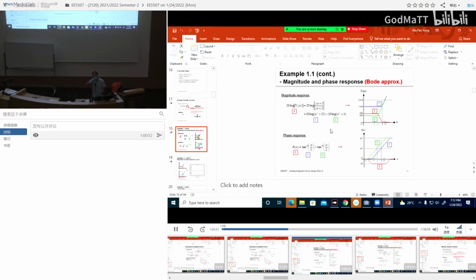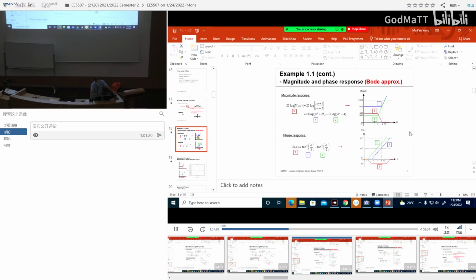The pole, opposite direction, goes down. So depending on the location of the pole and the location of the zero, you have different kinds of response. The zero is going up, the pole is coming down.